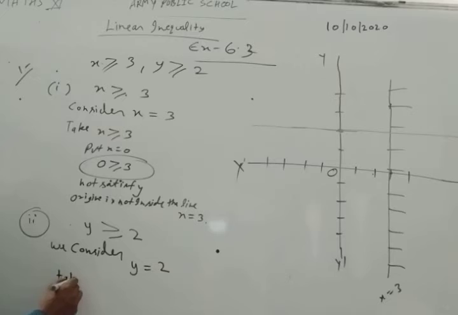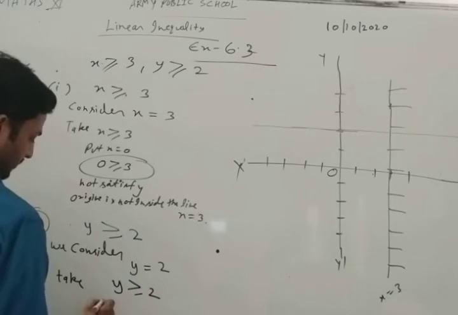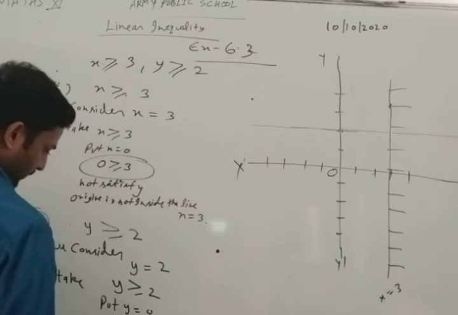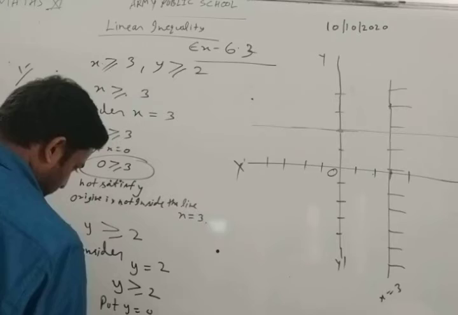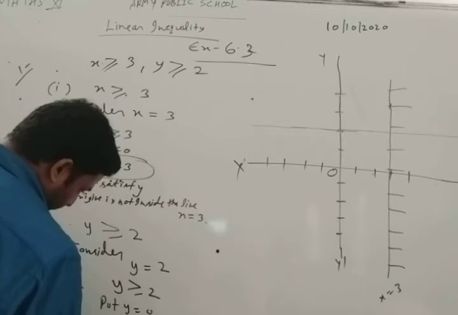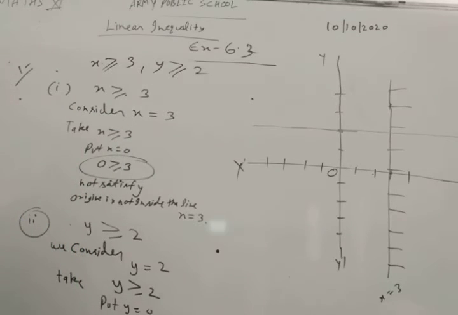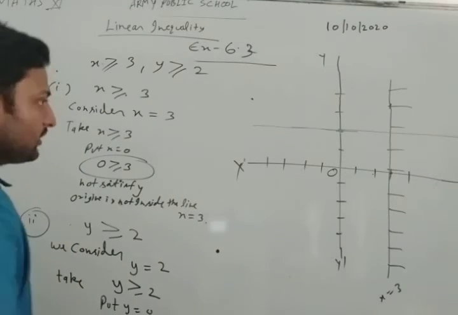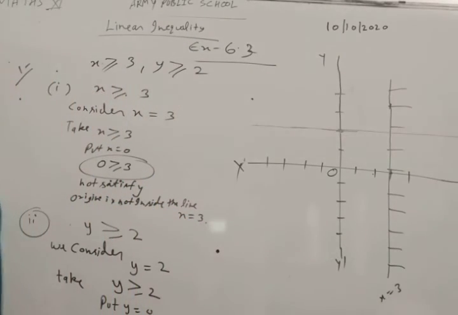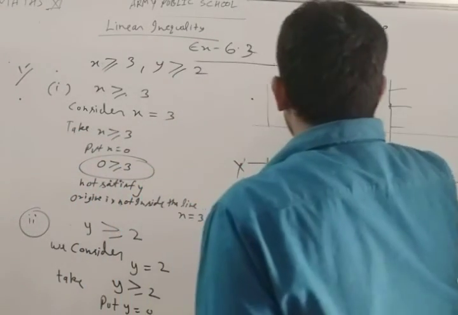Now check the origin. Take the inequality y is greater than or equal to 2. Put y is 0. 0 is greater than 2. Again, not satisfying. So origin will not be lying inside the line. So it will be above the line.